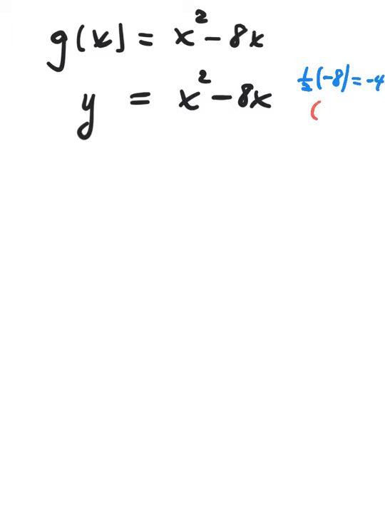Then we're going to square that answer. You always do it in two parts, so that's going to be 16. The perfect square you add to both sides. So we're going to add 16 to both sides.